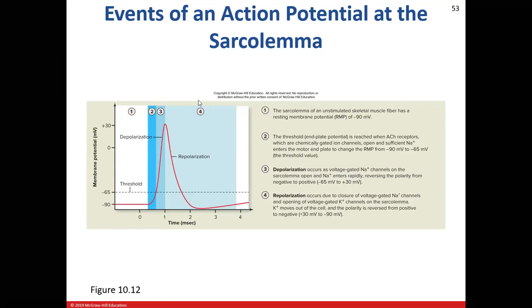And then in phase 4 here, you see in repolarization, we now have our voltage-gated potassium channels that begin to open up. And this causes a change in voltage becoming more negative back towards our resting membrane potential. This table or this graph is a really good study tool to really start to understand what channels are opening during the process here.